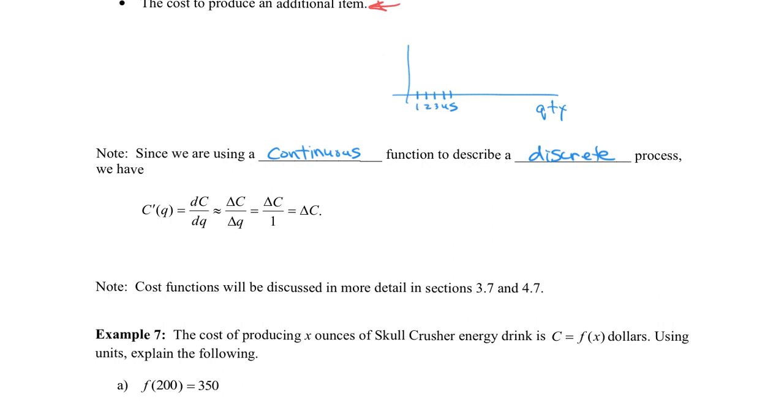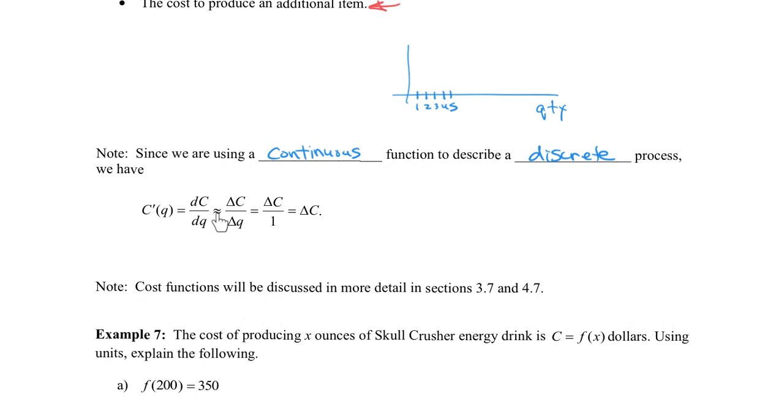So when we do this, we're saying the marginal cost, or the derivative of cost. Now we know the derivative is equal to the instantaneous rate of change of cost with respect to the rate of change of quantity, right? dC dQ. Well, it's approximately equal to delta C over delta Q. Remember, delta just means a change, where when we take a derivative a limit has been used, then we put the d, like typically we'd have dy dx.